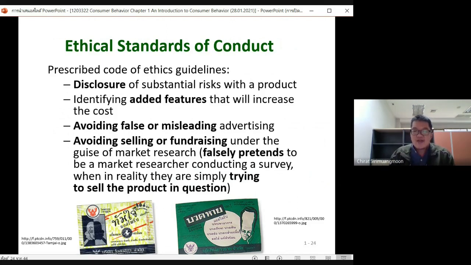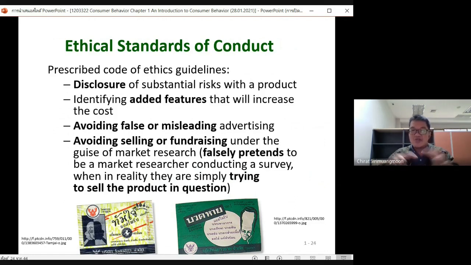So I would say if you are a good seller, what you should do first, you need to present or let the consumer know any risk that can be possible. Like if you have a food product and it contains wheat flour, some people in the US or some people in European countries can't eat wheat.